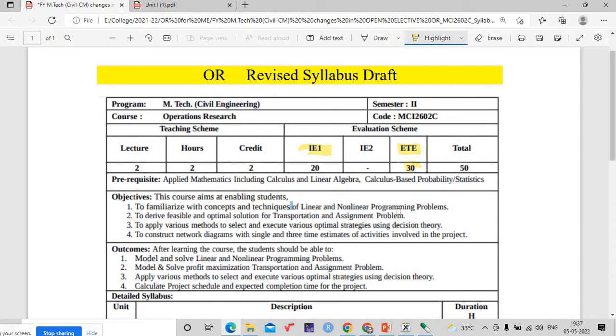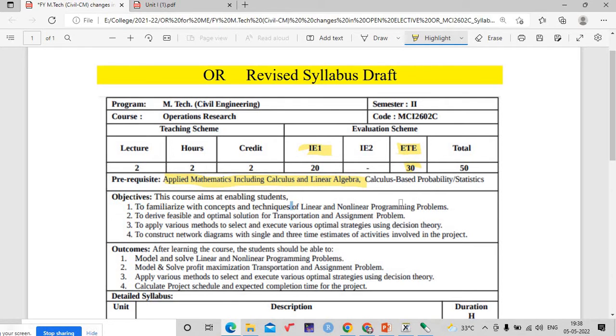Very first thing, before we go for any course, we must understand what is the use of this course, what are the objective and what outcome are expected. So first of all, let me elaborate you these things. The prerequisites for this particular course is applied mathematics, including calculus and linear algebra.